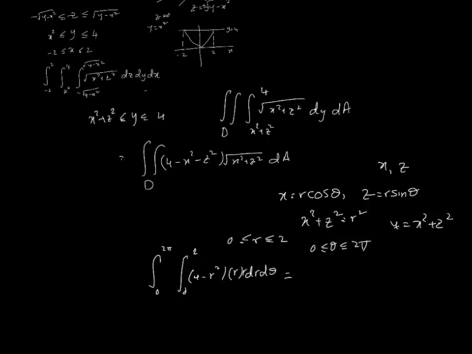That will then boil down to 0 to 2 pi, and then the 4r squared minus r to the 4, if we take the r inside, so it's going to be 64 over 15 d theta, and that'll just become then 128 pi over 15 as our answer. So a rather difficult question, easier to set up the integral than to actually solve it. So as you can see, sometimes the most obvious method is not necessarily the best one.